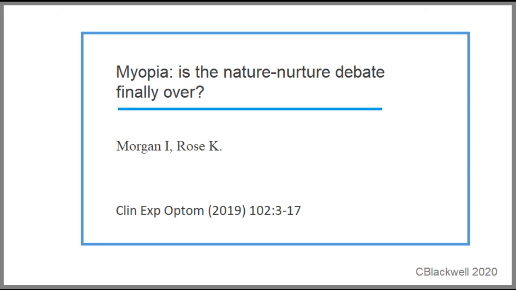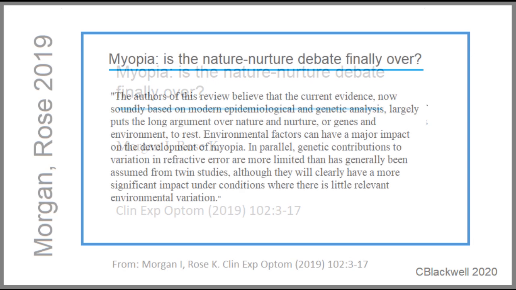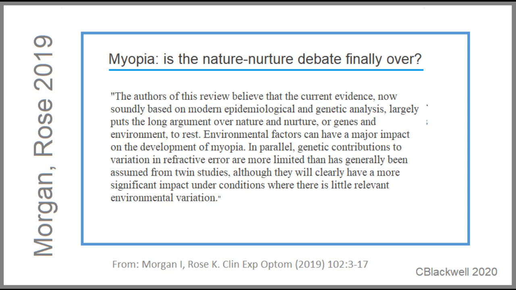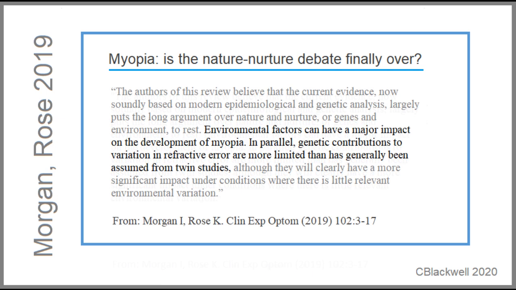A year later, Morgan and Rose provided a critical review of the genes versus environment debate, including historical background, criticism of study methods and conclusions, and current study results. They discussed the debate about nature versus nurture. First, environmental factors can have a major impact, while genetic contributions are more limited than was assumed from twin studies.